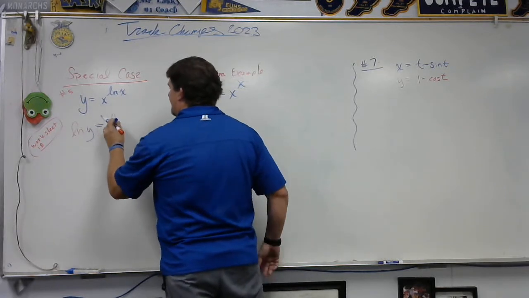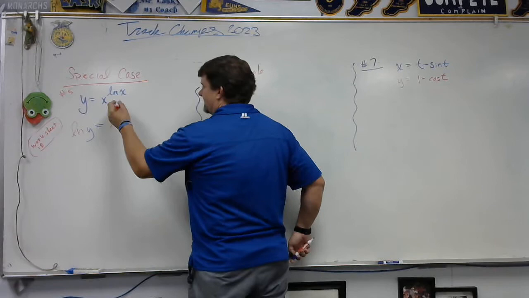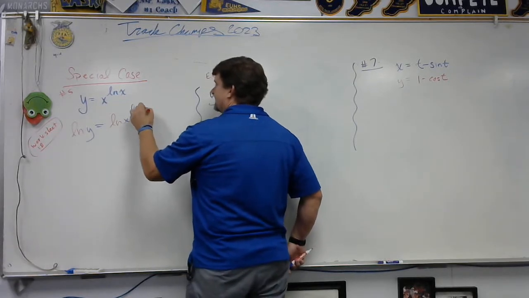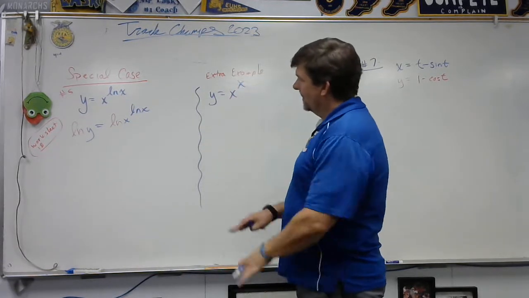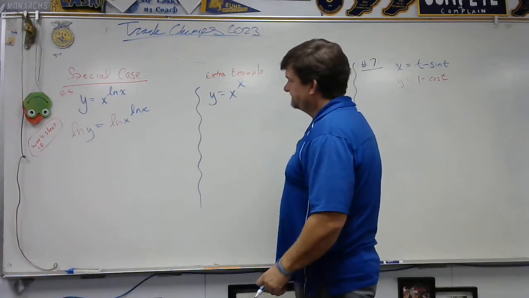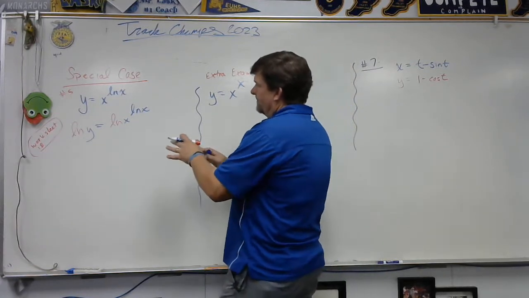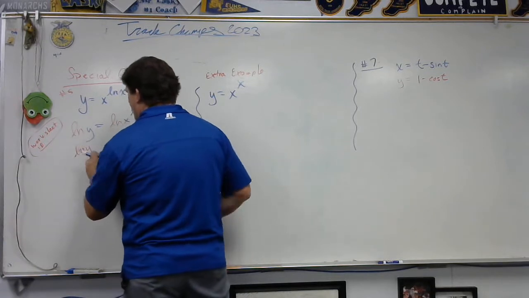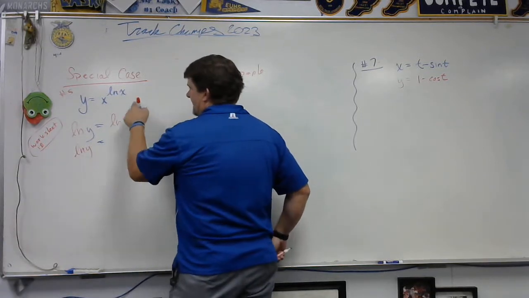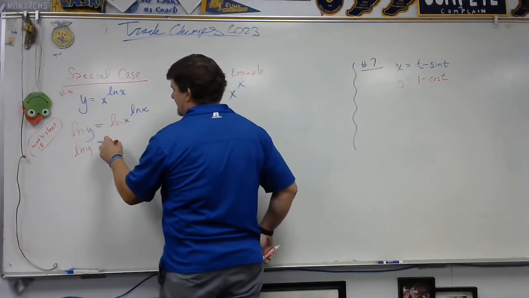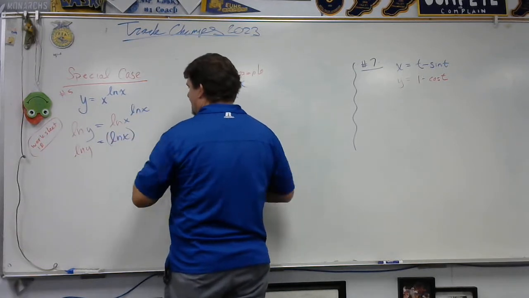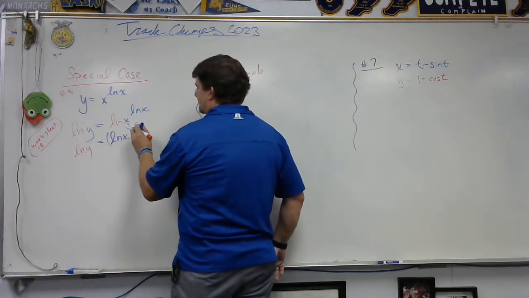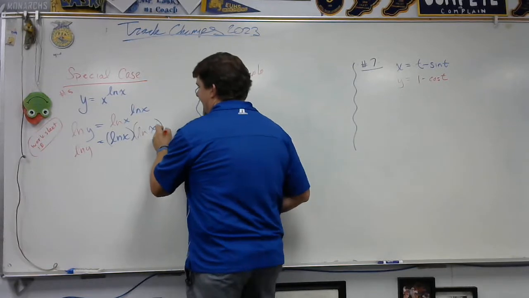So we end up with something that looks like this. Once we get this piece here, I can maneuver this around and I'm still going to get the natural log of y, and this drops down and becomes the natural log of x times the natural log of x.